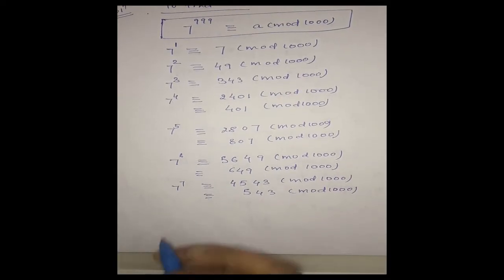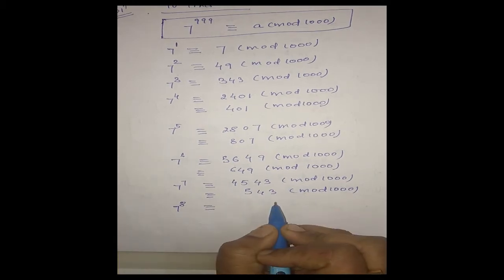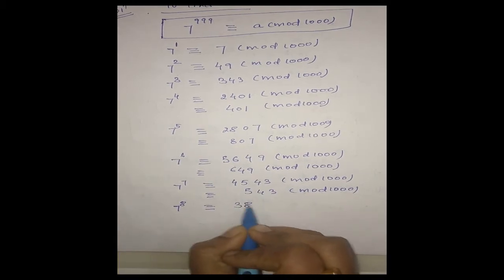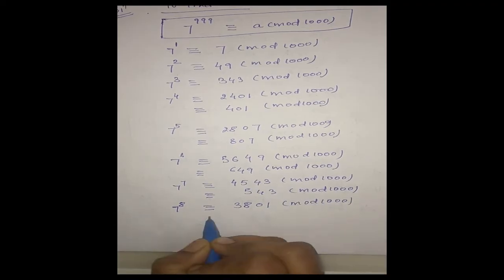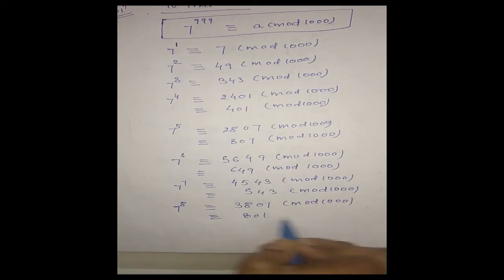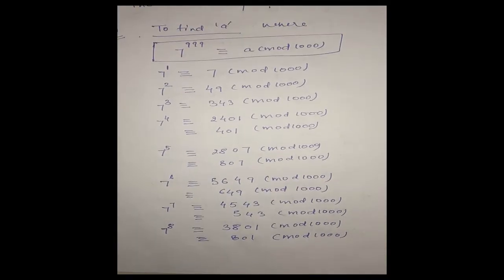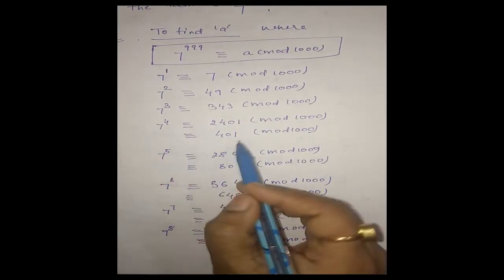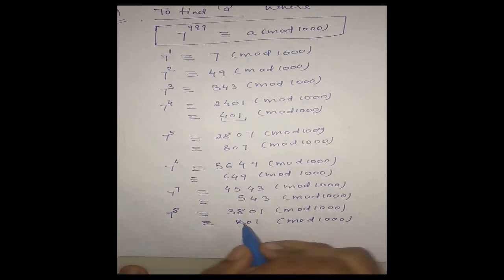Now 7 power 8, on multiplying by 7 both sides, is 3801 modulo 1000. And on dividing this number by 1000, we get the remainder as 801 modulo 1000. Now see, in 7 power 4 we have 401, and in 7 power 8 we have 801.